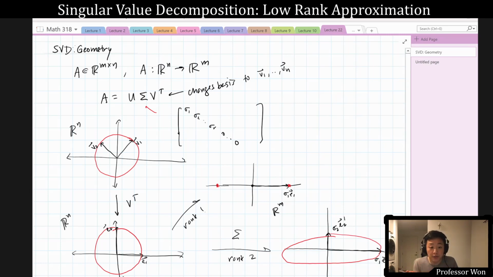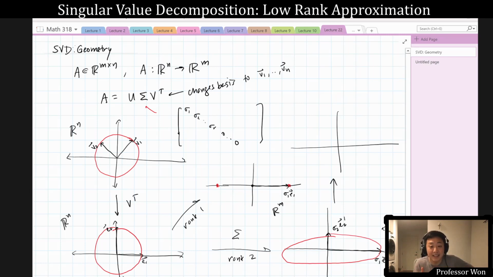Okay, and then what does U do? U changes basis from U to the standard basis, which means that we get the opposite picture here. This is written in the basis U. In the basis U, what is E1? That's U1. In the basis U, what is E2?